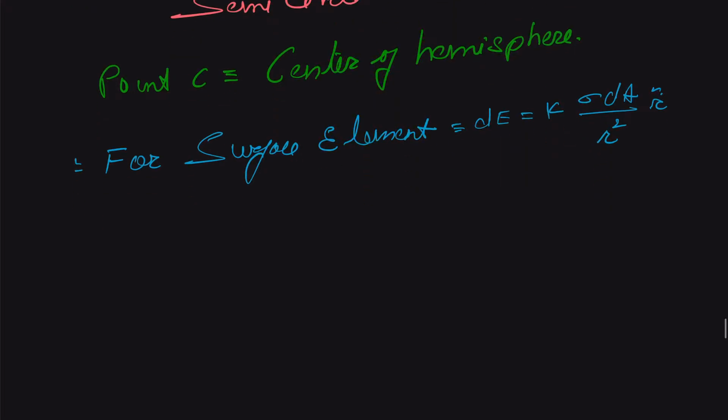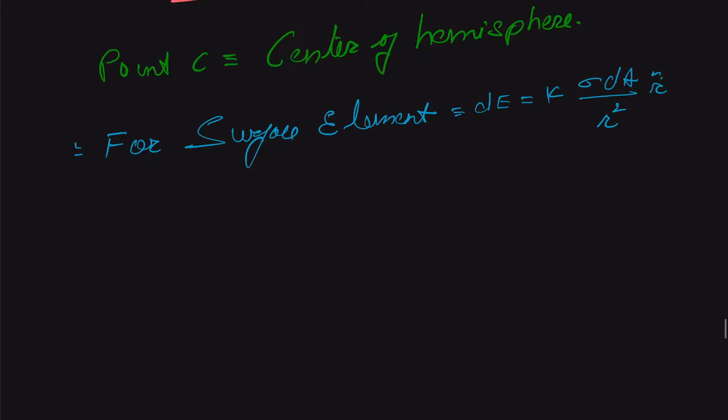We can divide it into the hemispherical element and the cylindrical element, like in the first case we did for the element on the semicircle and the element on the wire. In this case we are going to take the element on the hemisphere.